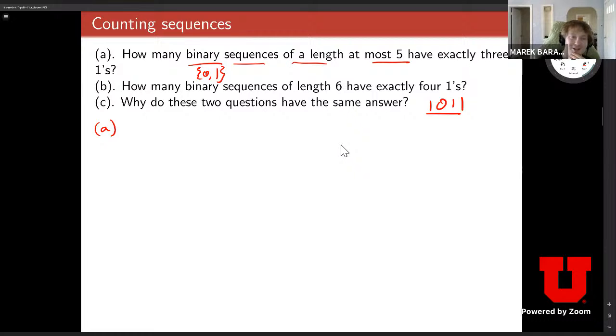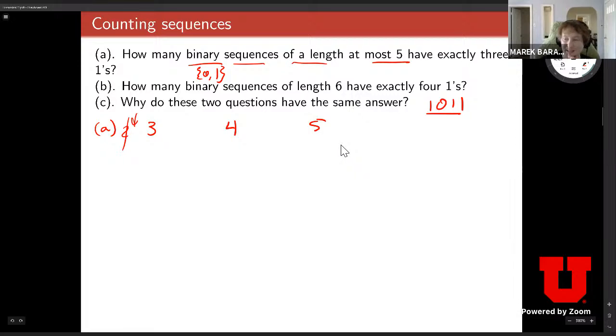Before I tell you to work on this a little on your own, does anyone have a suggestion on how we start? Yeah. So our strings can be of length 3, 4, or 5, right? There's no way I could get 3 ones in a string of length 2, for instance.